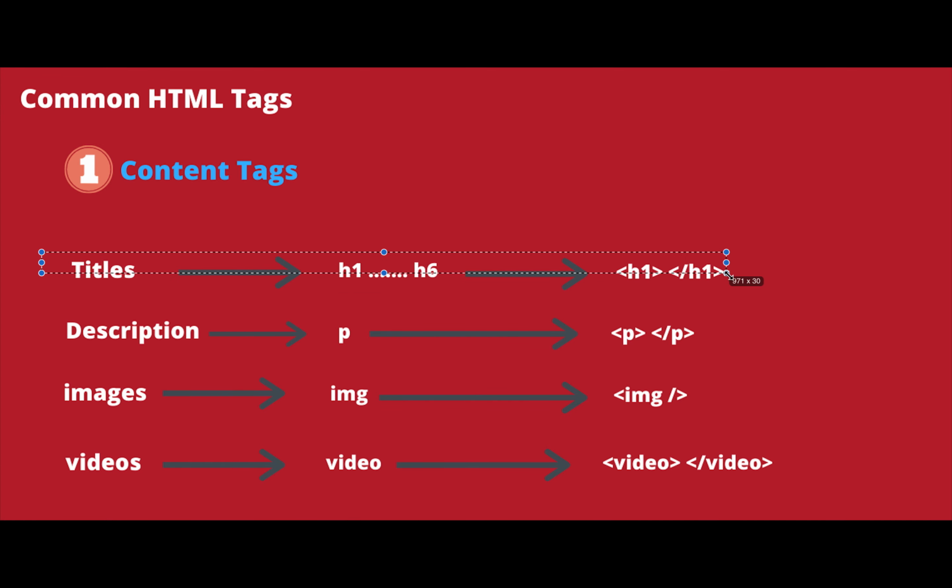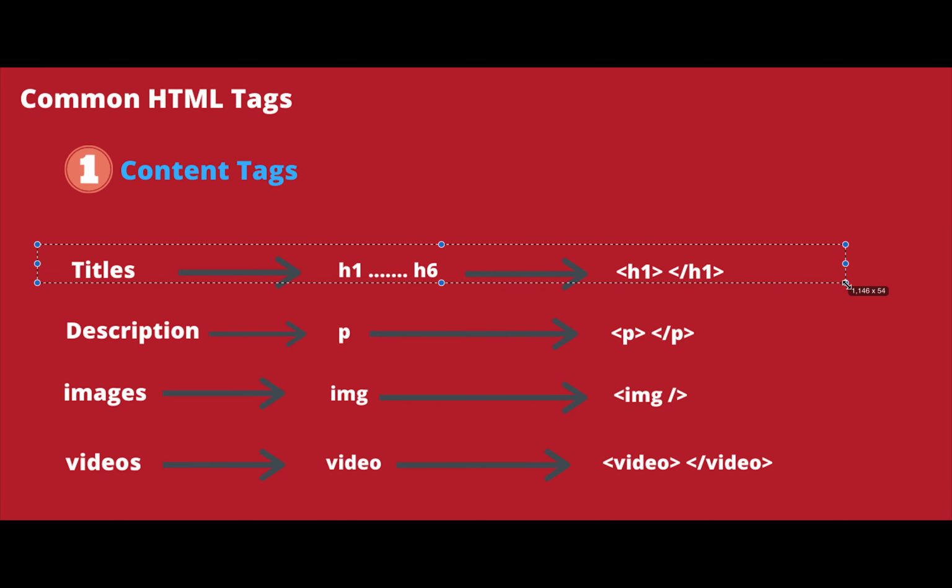So this is the first part, which is adding title. We can use the H and specify the size by adding a number. And do not forget, we are limited to only H1 to H6. We do not have H7 and H8. This is really not valid, so keep that one in mind. So this is the first part, which is adding title.